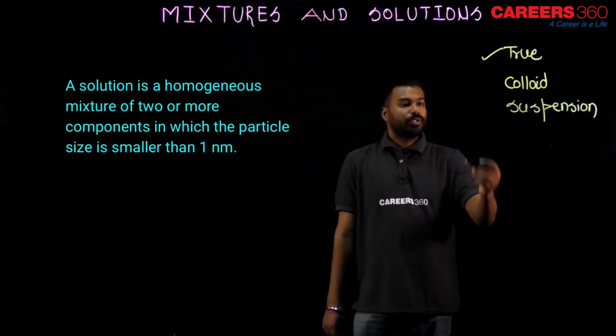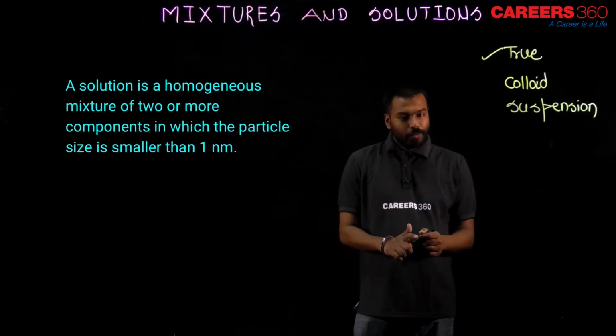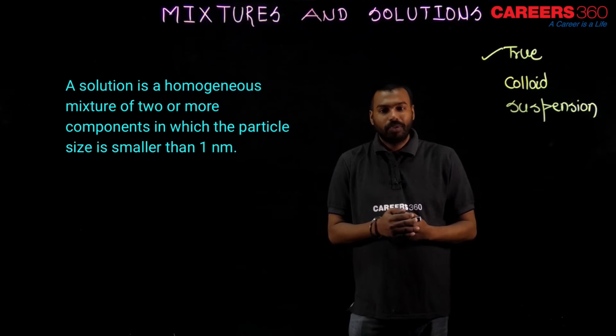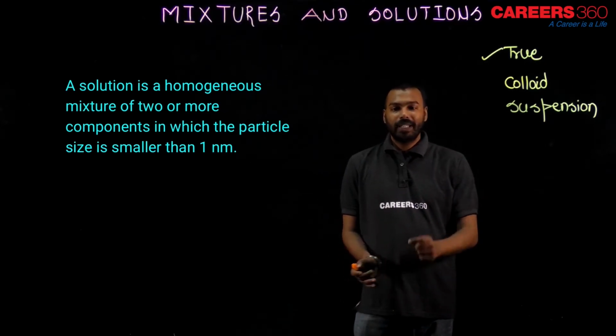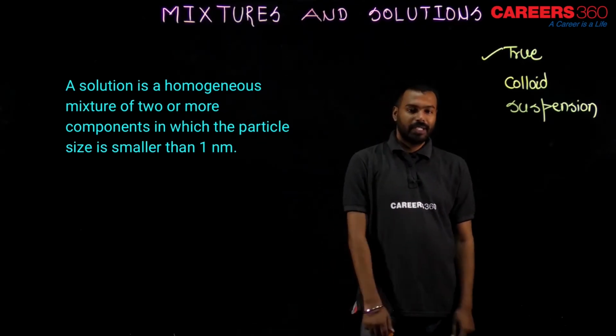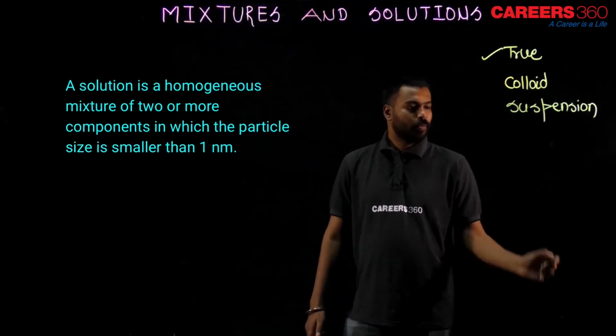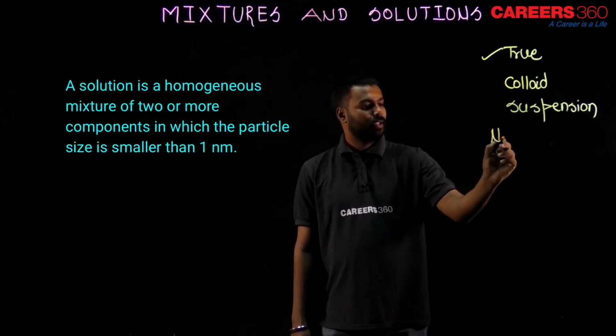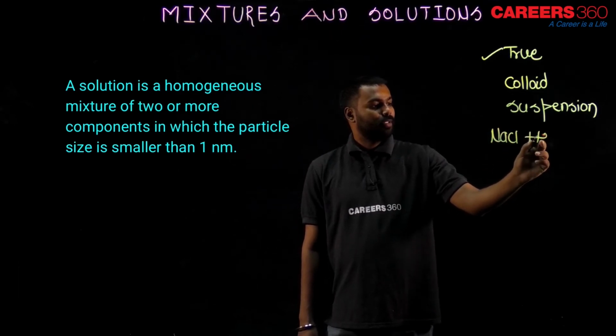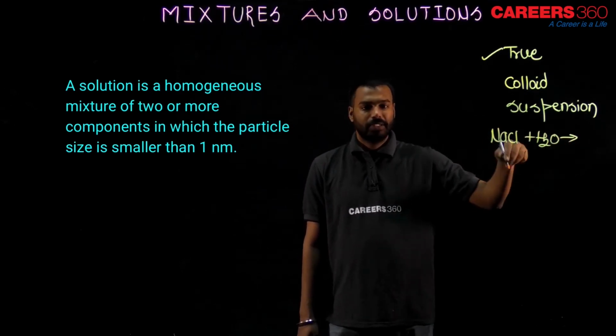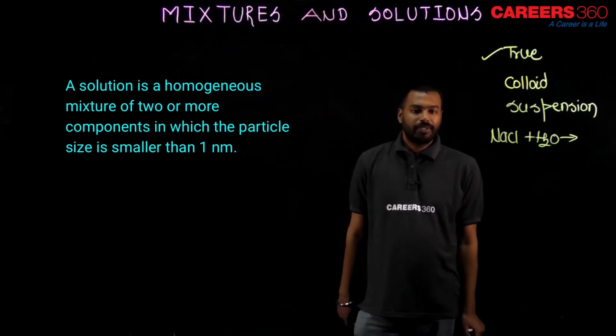So, today, what is true solution? True solution is a homogeneous mixture of two or more than two components in which the particle size is very small, that is 1 nanometer. Okay. Example, there are so many possible examples, like you take NaCl plus H2O, shake it. After that, what happens in the cup?